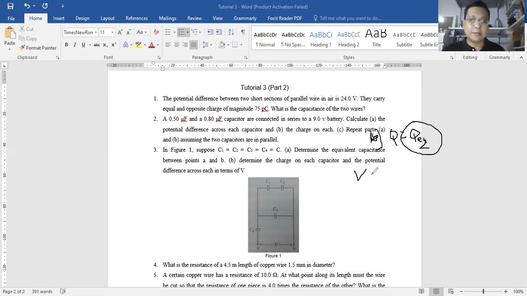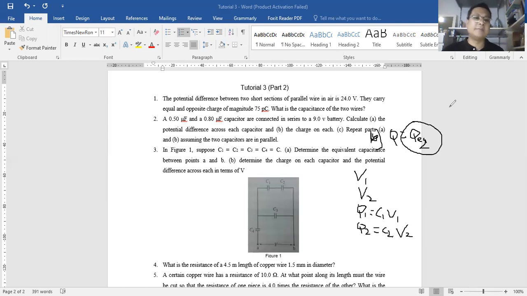So we have V1, we have V2, so we have Q1. Q1 we can recalculate by C1 V1, and then Q2 we can recalculate by C2 V2. Okay, now we can finish it.